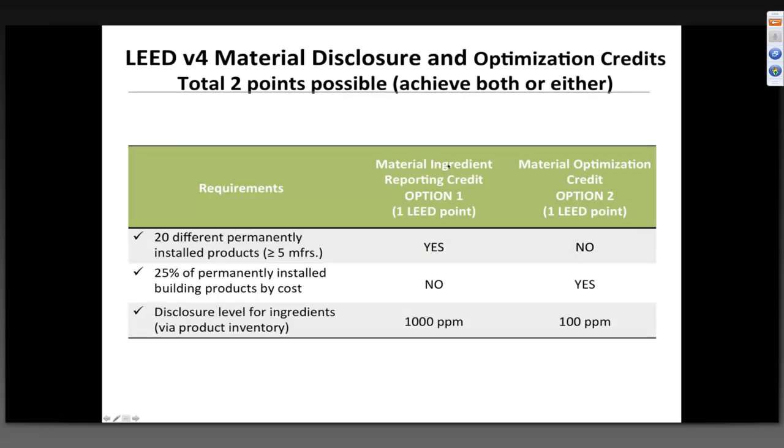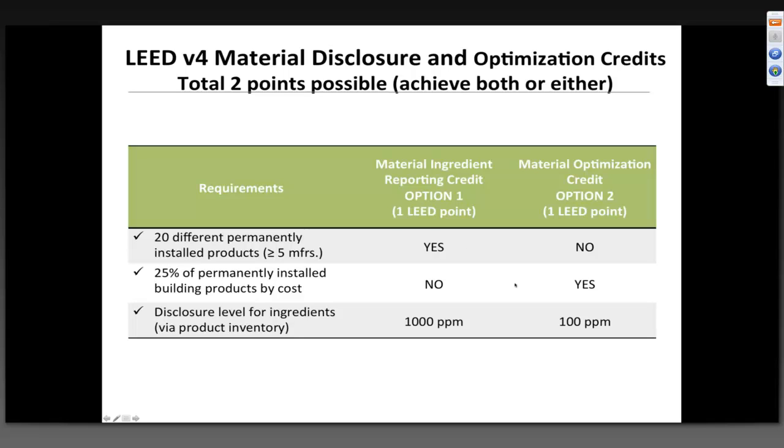For the reporting credit, you would look at 20 different products, and you would screen those products and report ingredients at a threshold of 1,000 parts per million. For the optimization credit, which I'll explain a little bit more, you would look at 25% of the permanently installed products by cost.